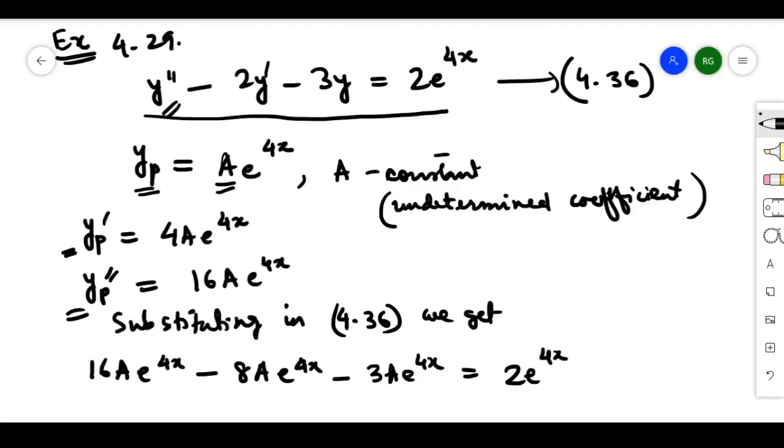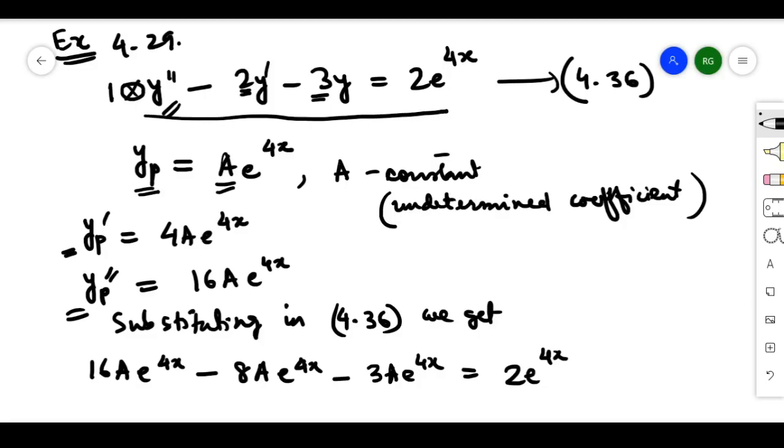Now let me know what is the interval in which all the coefficients present on the left hand side are defined. All the coefficients means the coefficient of y'', which is obviously 1, then the coefficient in the second term, -2, and the coefficient in the third term, -3.